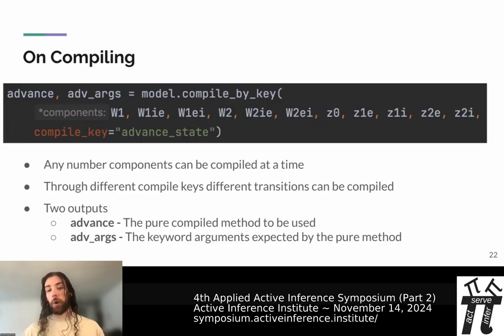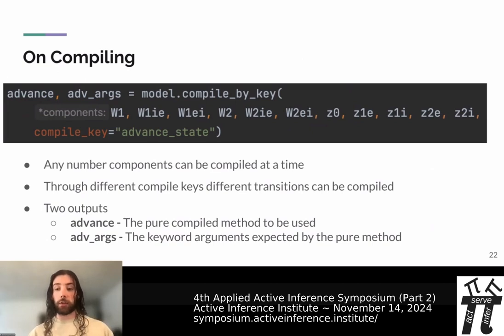So if W1 requires T, and Z0 requires T and DT, and Z2E requires a J, you would have a list that is, we need T, DT, and J. If two things require the same parameter, it does assume that they're the same keyword argument. So if you have T used across all of your components, you only have to pass in T once. So that's everything that's visibly returned by this function.